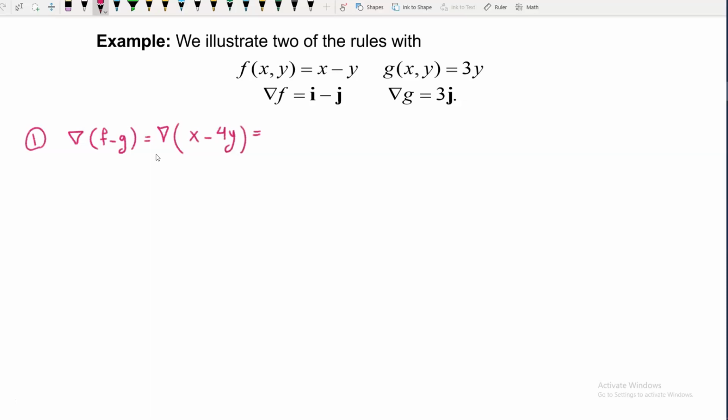So based on what we have here, this is equal to i minus 4j, and this is equal to gradient f minus gradient g. Because here we have i minus j minus 3j, that is equal to i minus 4j, which is what we have here.